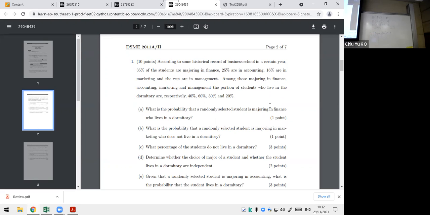Is that okay? That is the information in the question, but maybe I'll write it down here in case you don't fully follow.